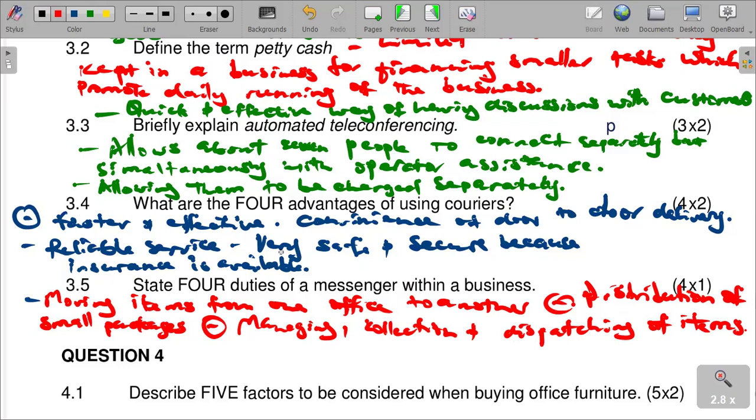They can do duties in the mail room, like opening mails. He can also copy documents, which is quite important. We can talk about sorting and classification of internal mails.